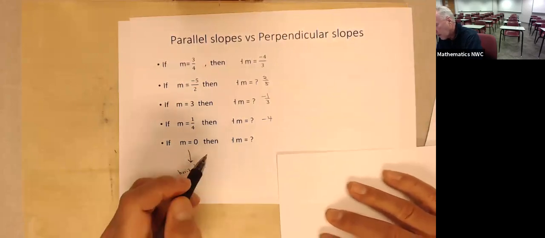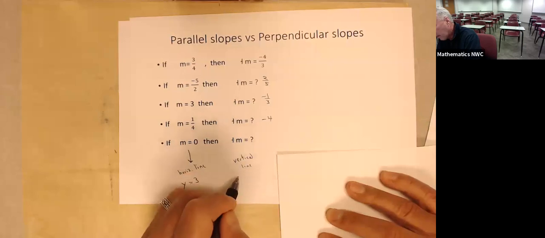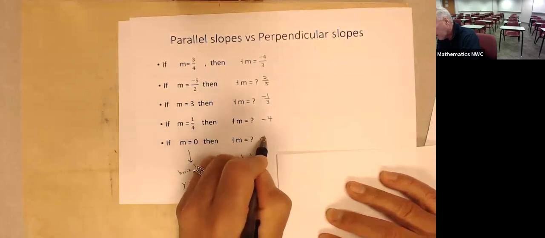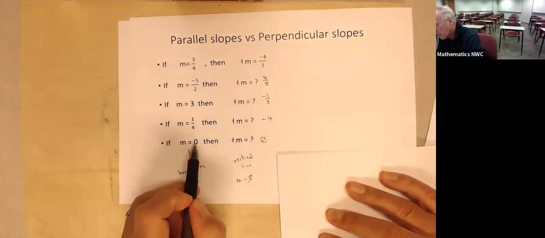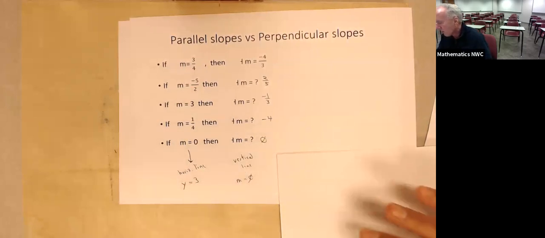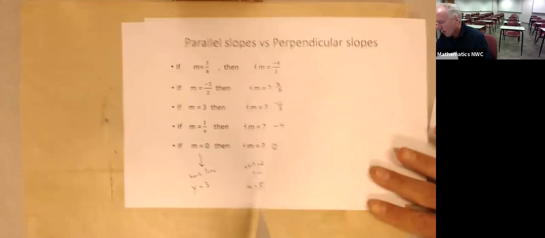The perpendicular slope would be the slope of a vertical line. And if you remember 10 minutes ago we said the slope of a vertical line had no slope, or undefined. So the negative reciprocal of 0 in this case will turn out to be undefined or no slope at all. Okay? And finally, we have just a few problems left.